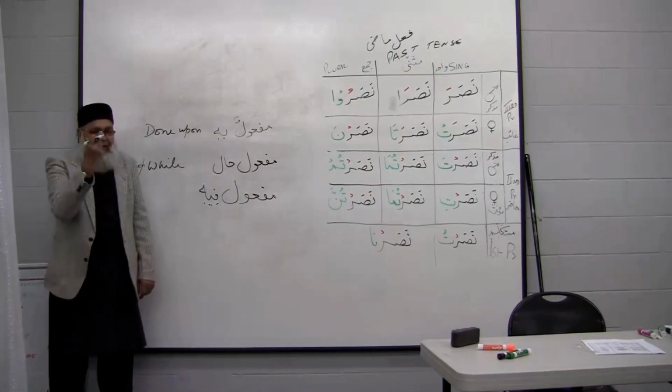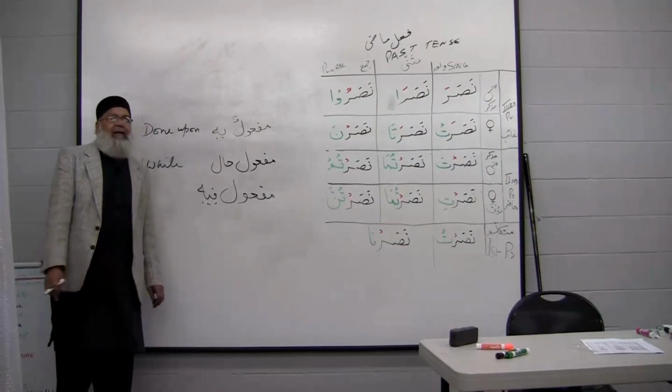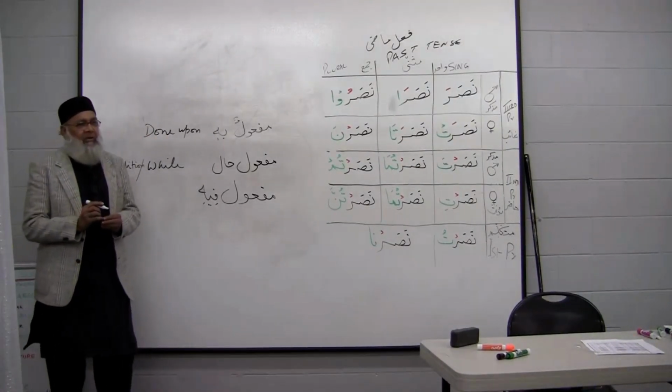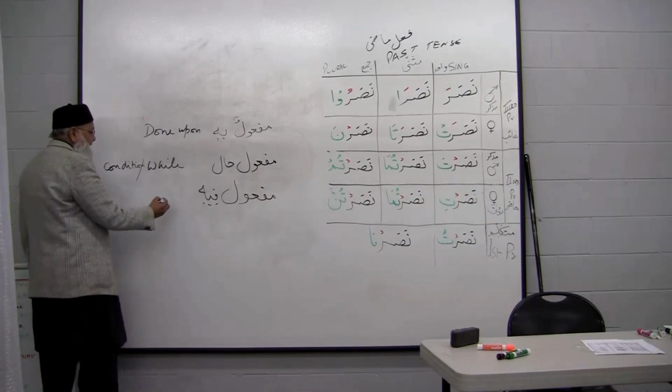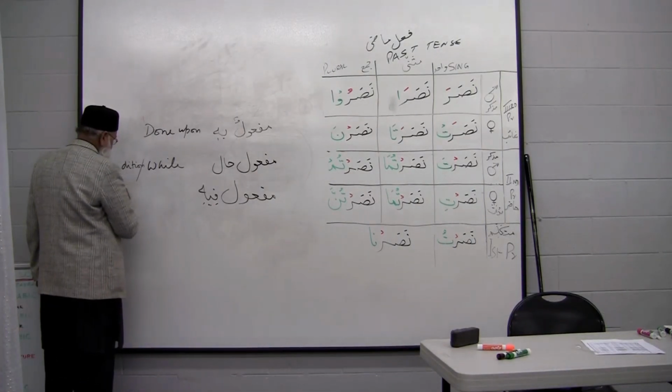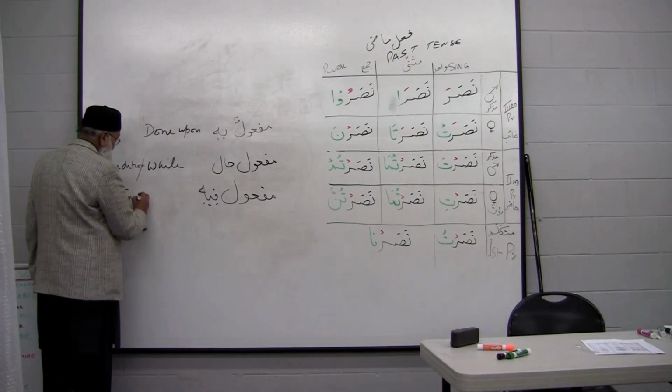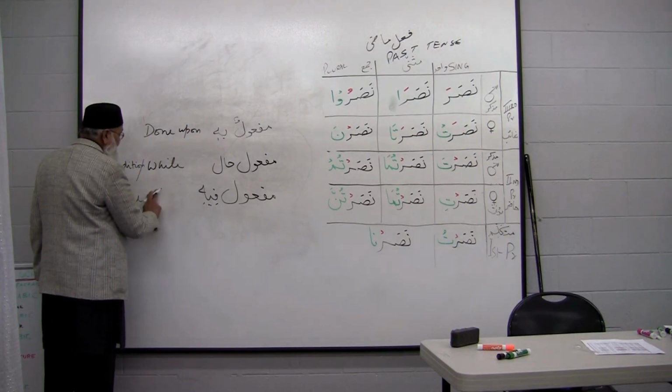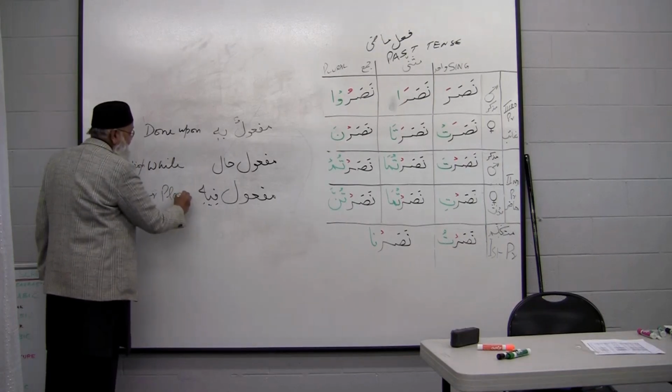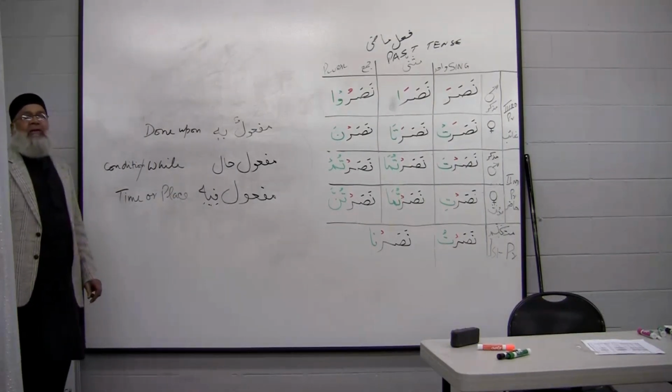It is the container in which the act takes place. That means the time or space. Time or place where the act takes place, that will also be in the nasab form.